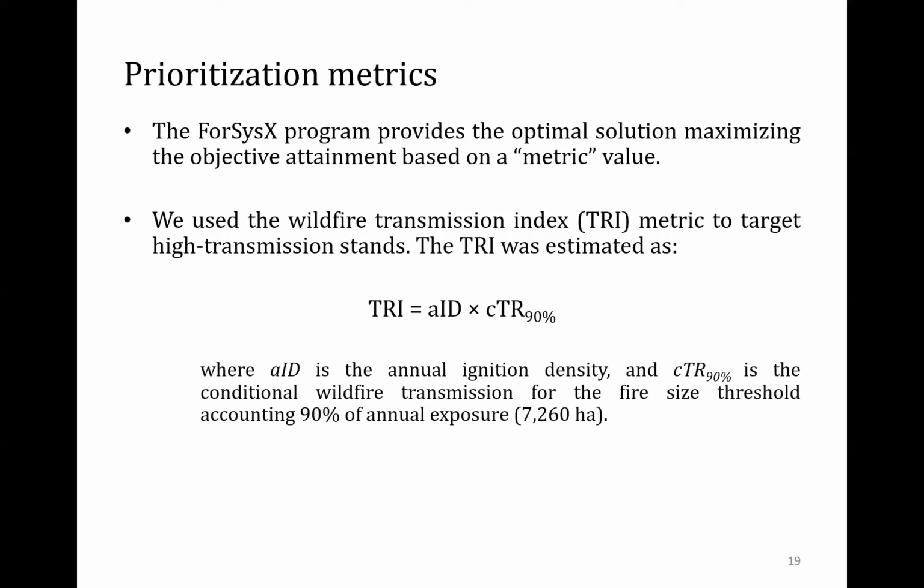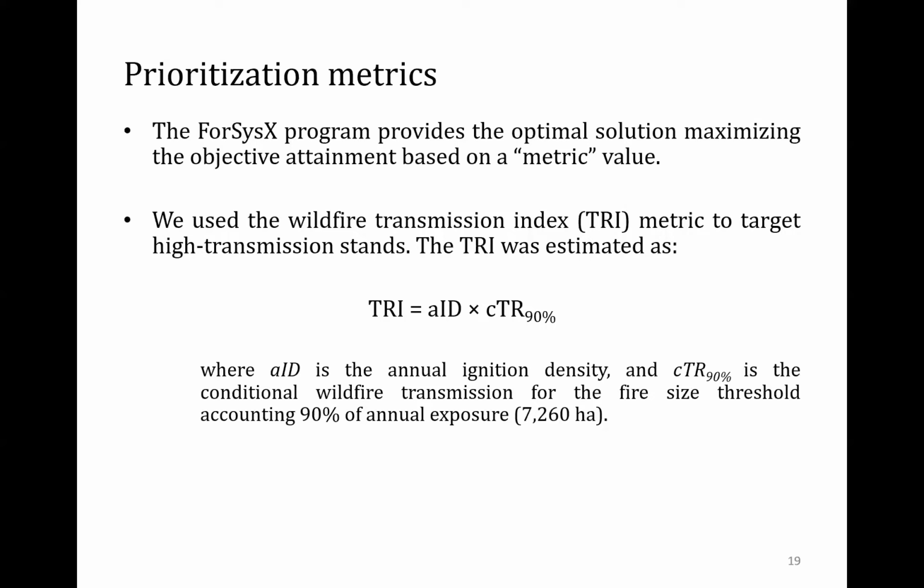The conditional wildfire transmission is for the fire size threshold accounting for 90% of exposure. In this study area it was 7,260 hectares. This means that all the fires with a burned area lower than this threshold accounted for 90% of annual exposure in the study area. We have the ignition density to understand which areas the ignitions will likely locate in the future.